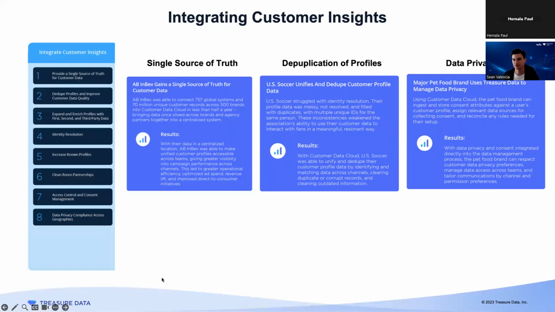And then of course, the privacy aspect, and we have an example of a pet food brand here, that managing consent is almost essential for brands across the board, not only due to the local regulation, but also with needs of the customer. They expect consent, and they want to be contacted if they give you the right to contact them via this channel.